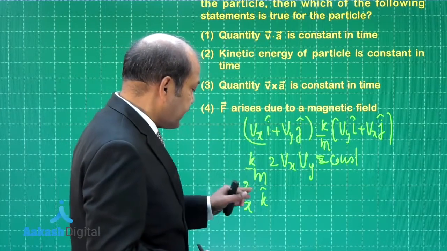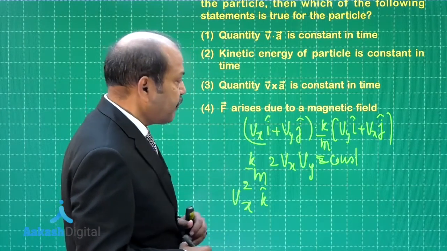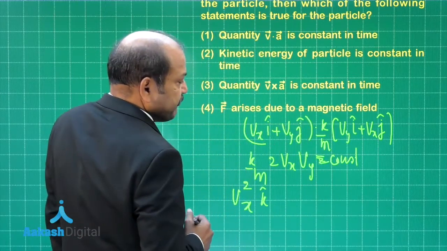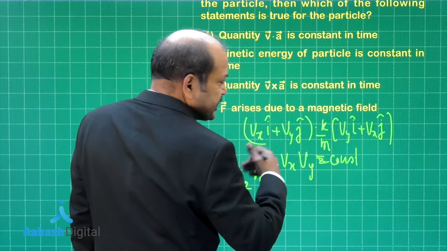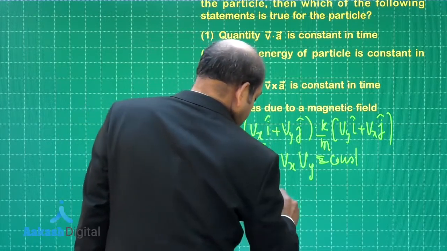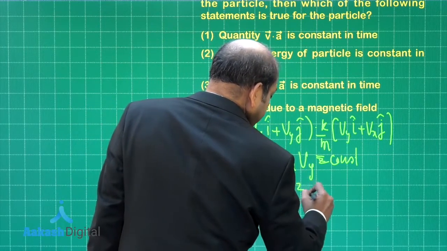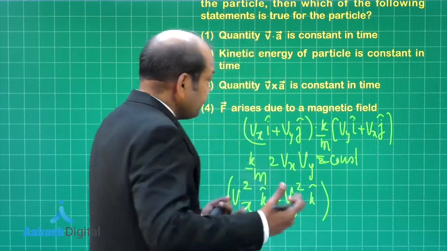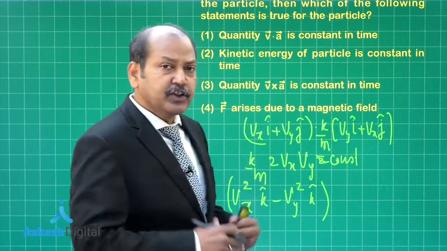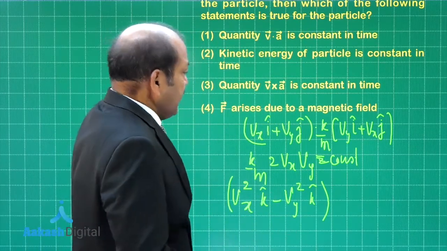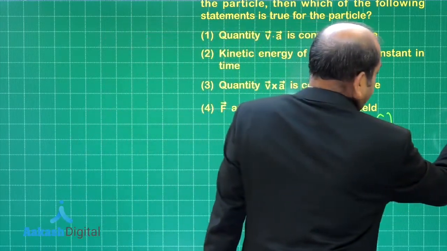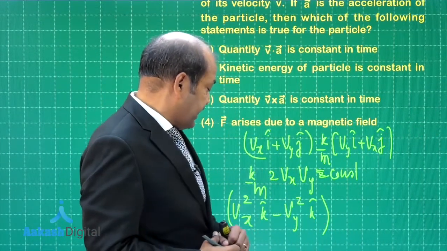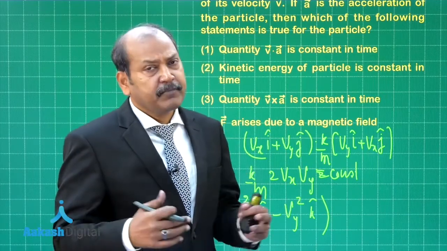So, we are getting Vx square k cap, and then again Vy j cap cross Vy I cap, that will give us Vy square minus k cap. So, we have Vy square minus k cap. So, this should be constant if V cross A is to be constant. Let us evaluate this term now. What is Vx square minus Vy square coming to?